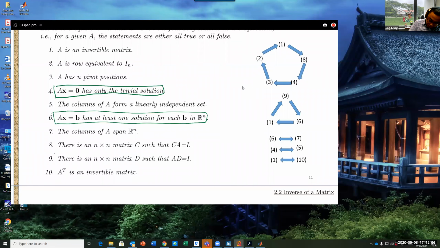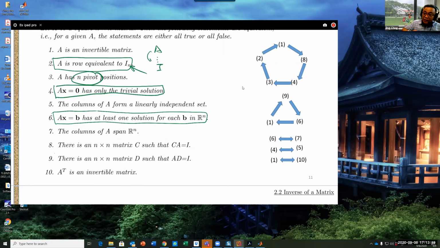And this was what I have used, that A performed to Gauss-Jordan elimination will reach I. And to tell you that it has a unique solution, I say that there were n pivots after reduction.